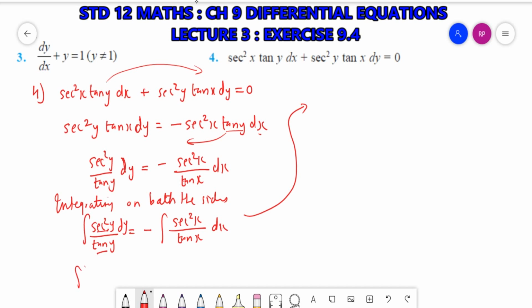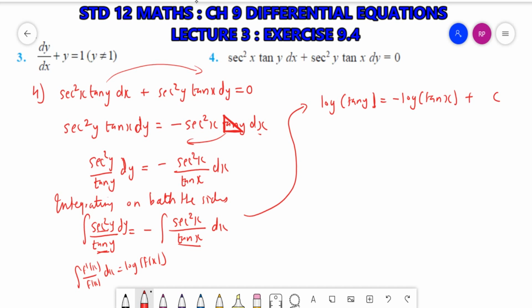So what is integration of f dash x upon f(x) dx? That is equal to log of f(x). So in both the cases, in the denominator it is f(x) and in the numerator it is f dash x or f dash y. So I will get log of tan y equal to minus log of tan x plus c.